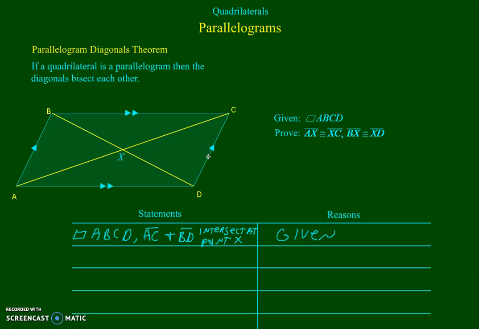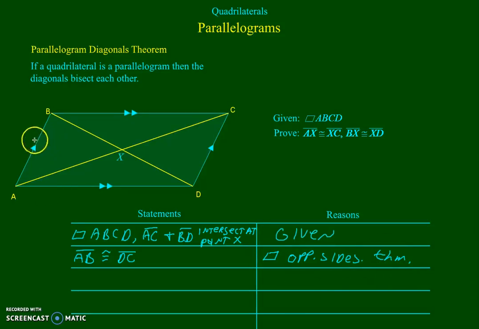First thing, we'll take care of the side. So we can say AB is congruent to DC, and that's parallelogram opposite sides theorem.